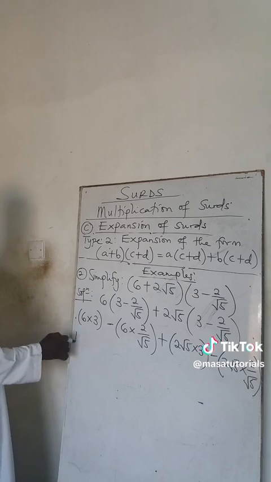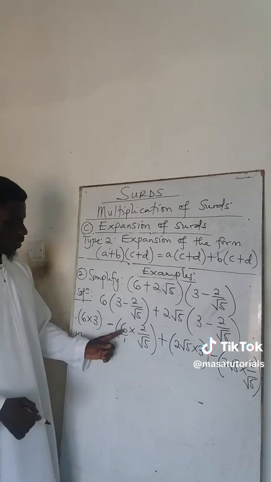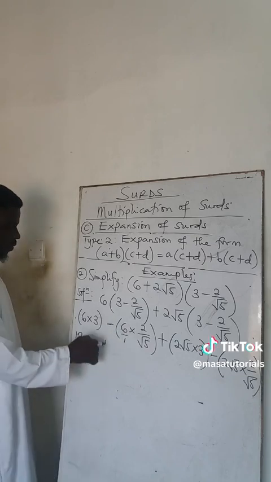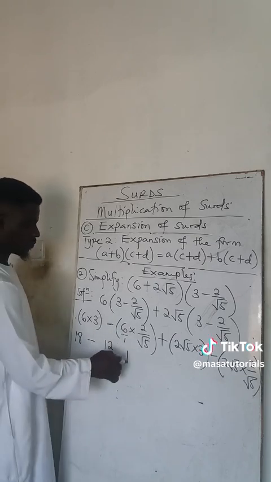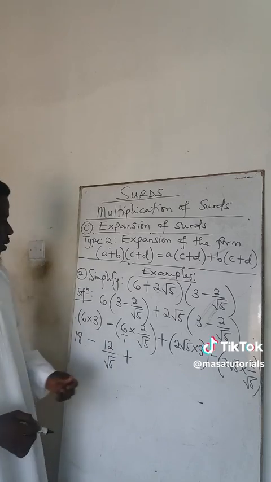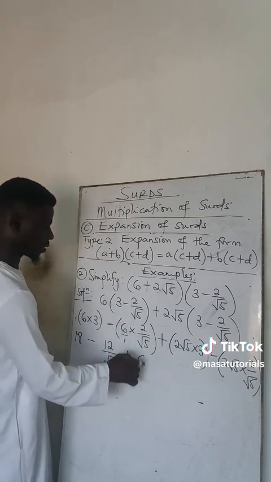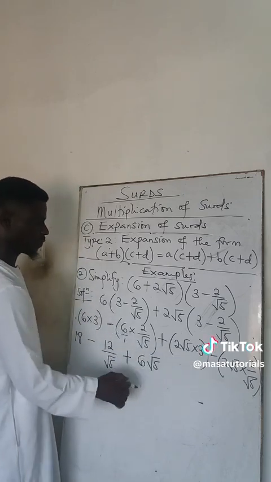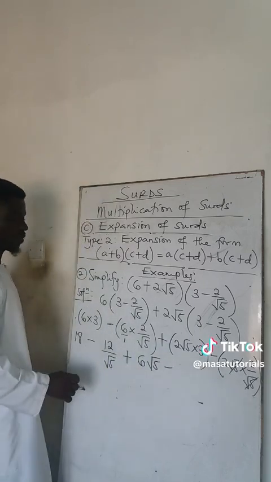Now 6 times 3 is 18 minus, this one is over 1. 6 will multiply 2 so that we get 12 over square root of 5. Plus, we'll have 2 times 3 is 6. So you get 6 square root of 5 minus square root of 5, which will cancel the square root of 5.